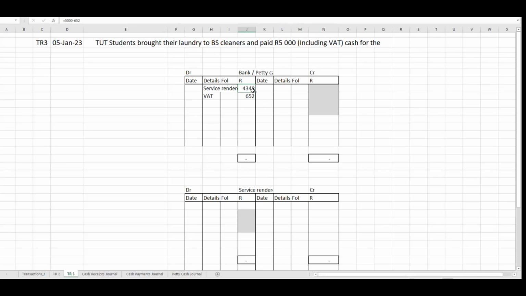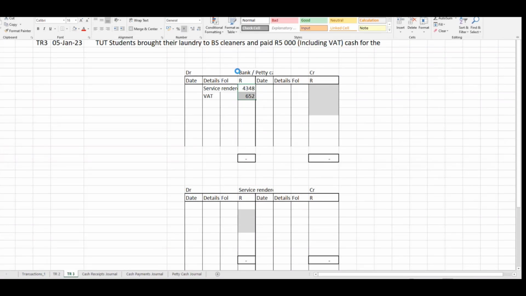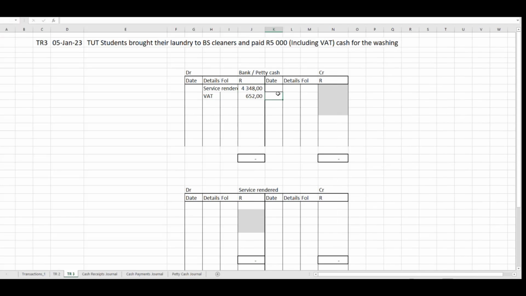When you are given 5,000 rands, in order to calculate this 4,348, you can say 5,000 minus 652, or you can say 5,000 multiplied by 100 divided by 115. But I prefer 5,000 minus 652. You can still do the fraction if you understand the mathematics better.